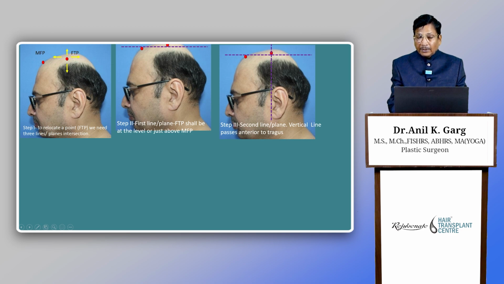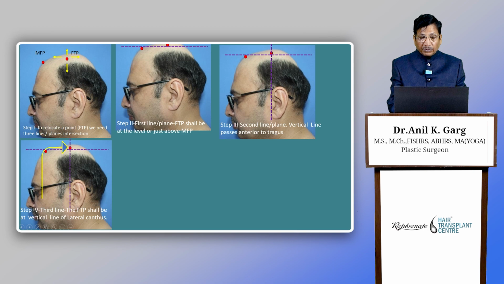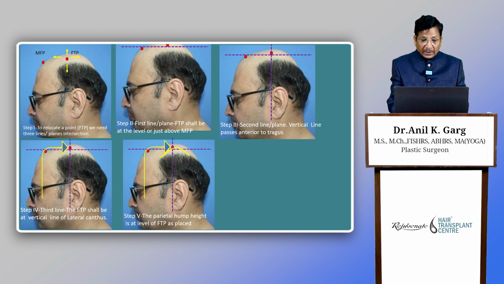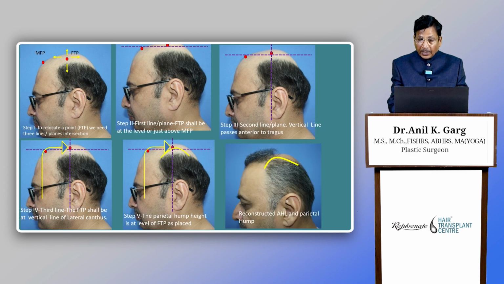I explained this before. Now the third line is that the FTP should be on the vertical line of the lateral canthus, as I explained before. If you draw these 3 lines, it will be placed at a natural angle. That's how it has been done here.